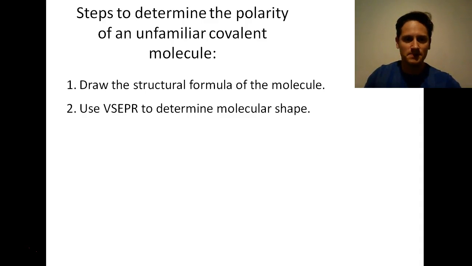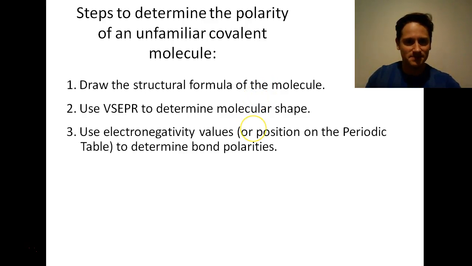Step two, use VSEPR to determine molecular shape. Now hopefully you remember what VSEPR stands for. It's the valence shell electron pair repulsion theory. An exciting theory that says that bonding and non-bonding electrons are spread, distributed evenly around the atom.